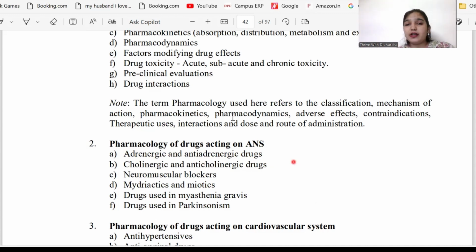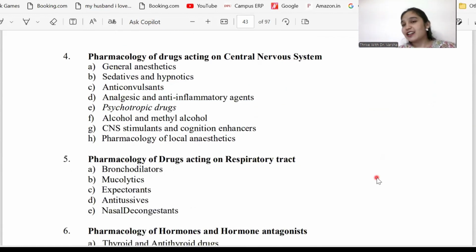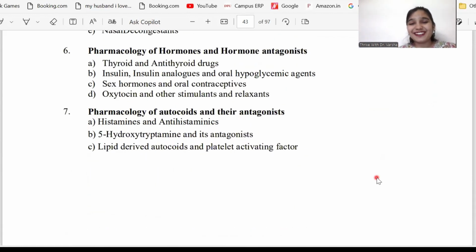Now for each and every drug you will have to mention, study, and write in the exam all these points: classification, mechanism of action, pharmacokinetics, pharmacodynamics, adverse effects, contraindications, therapeutic uses, interaction, dose, route of administration, and over here it is not written but definition also. So there are 10 points in total. You have to mention them for each and every drug. It's going to be huge, but it's kind of interesting if you study.